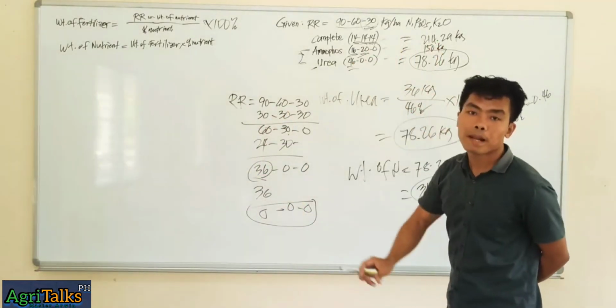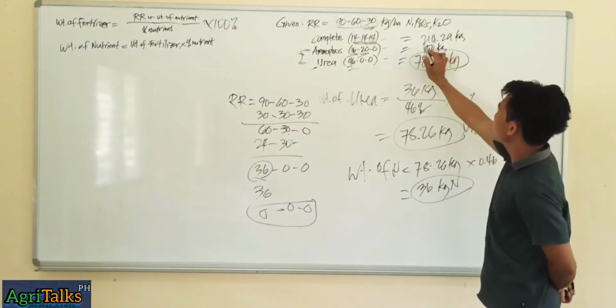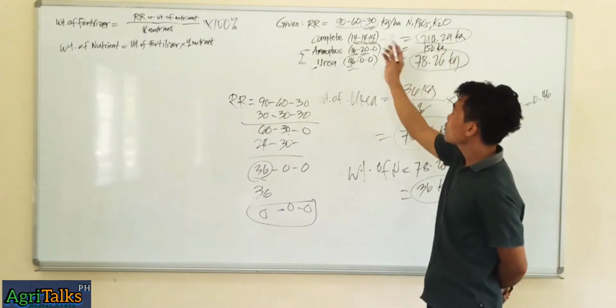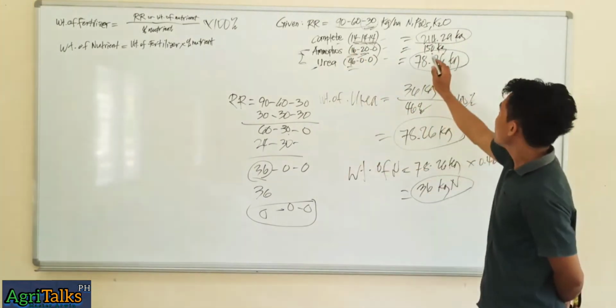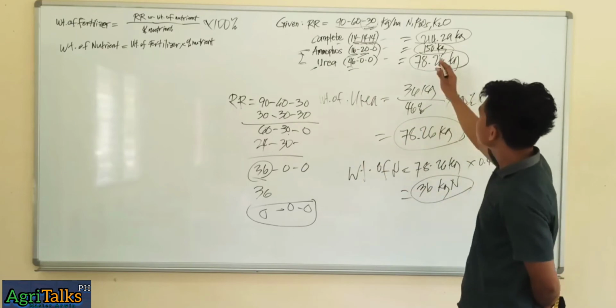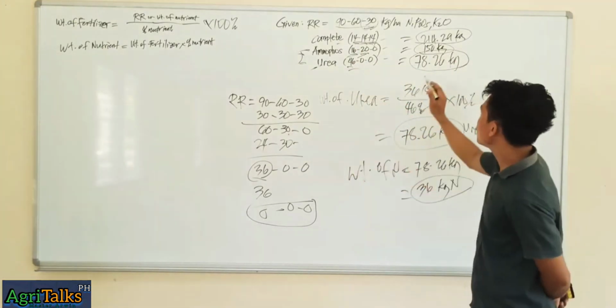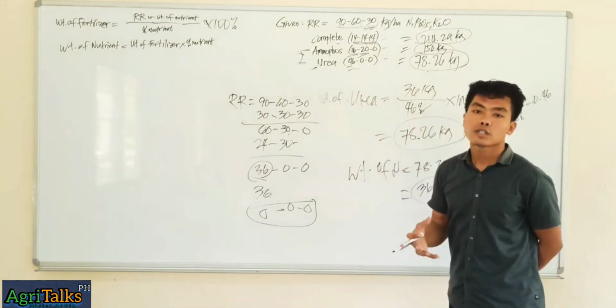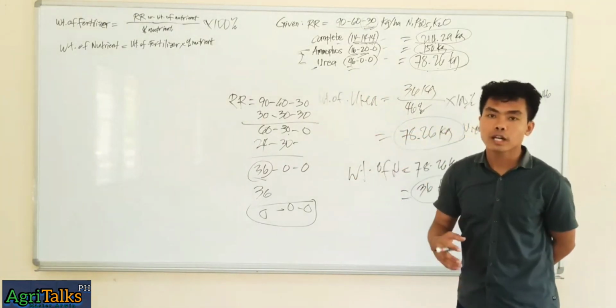This is what we apply: we have applied 214.29 kilograms of complete, 150 kilograms of ammonium phosphate, and 78.26 kilograms of urea. So that's the answer for the question.